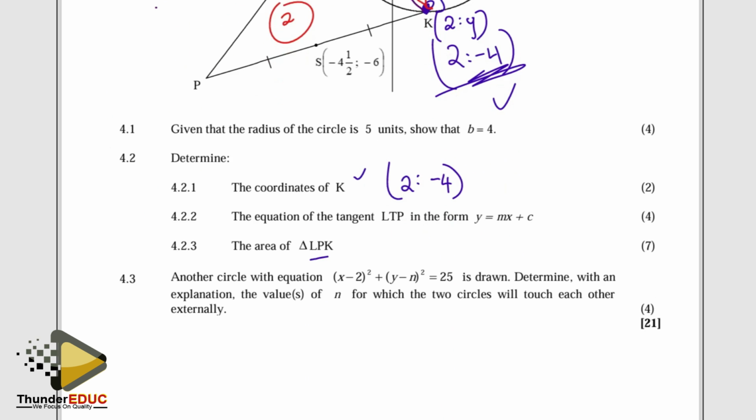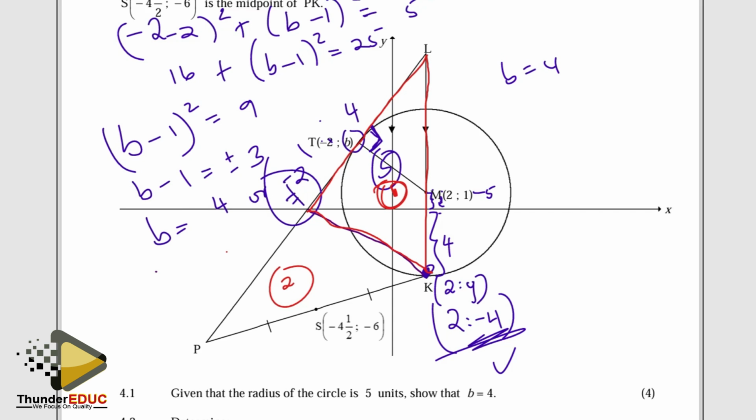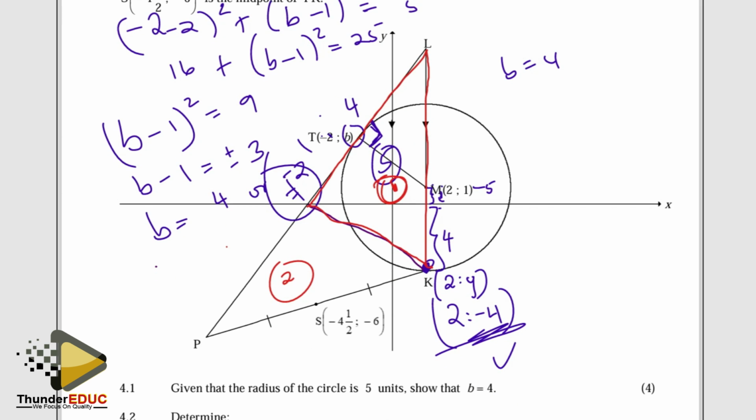Previous question, I want the equation of the tangent. Which is true, which is fine. Okay, so I need to get my coordinates here using that equation, because if this line is parallel, x is 2 here, but what is the y?